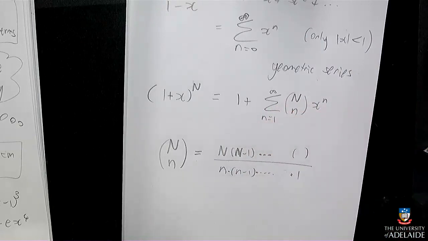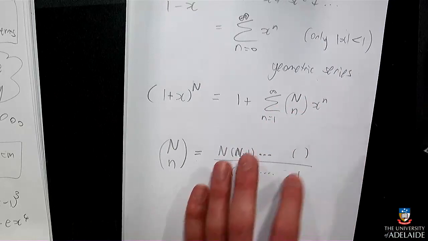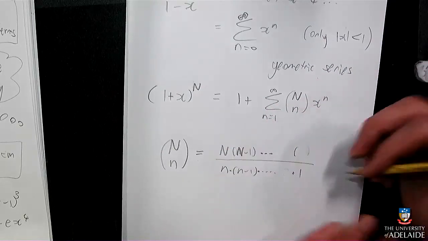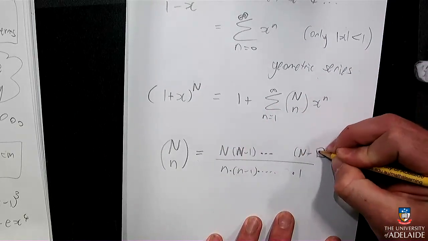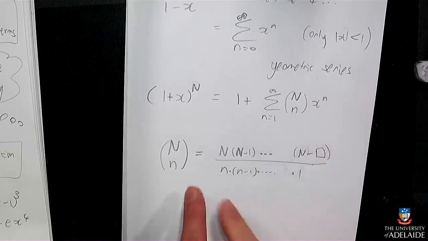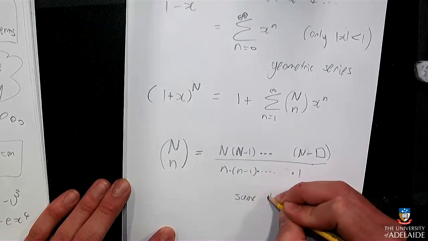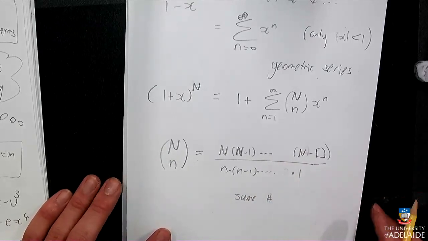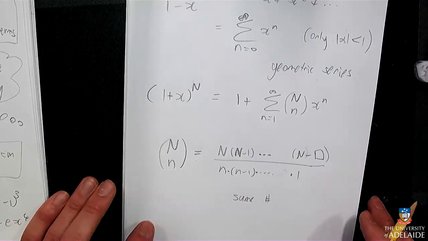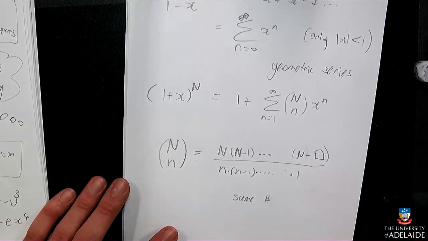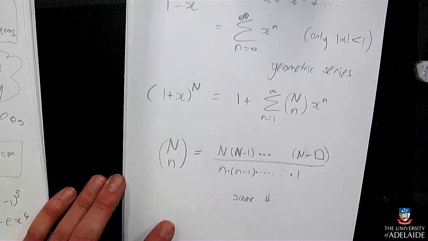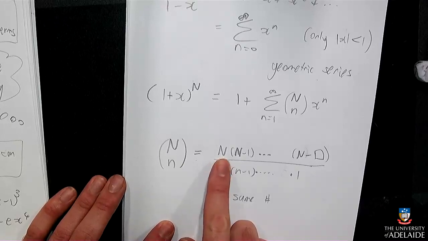Times n minus the appropriate thing. I don't even care what that is. N minus the right number of things so that there are the same number of factors on the top and the bottom. I believe it's little n plus 1, minus 1, little n minus 1, because you didn't take off any here, and you need there to be n total.